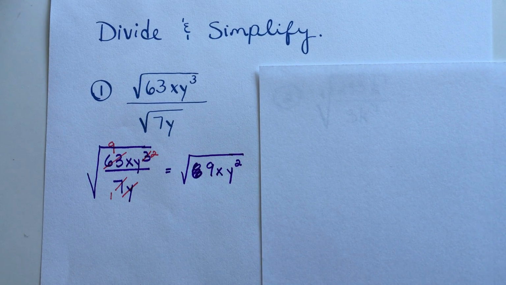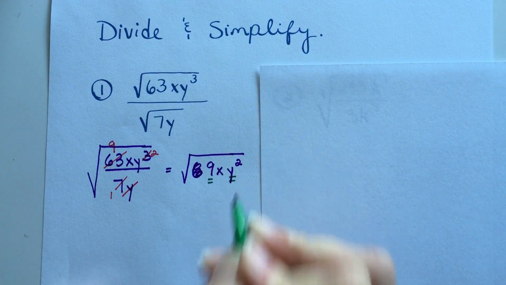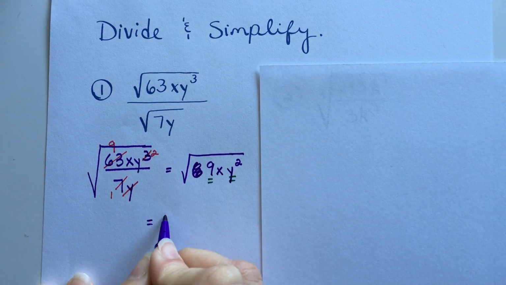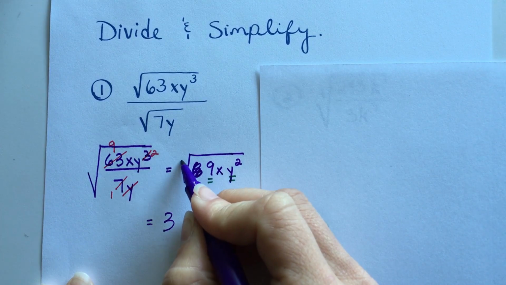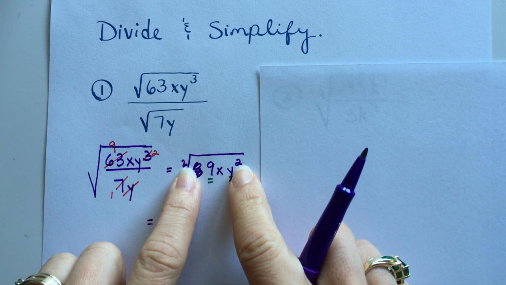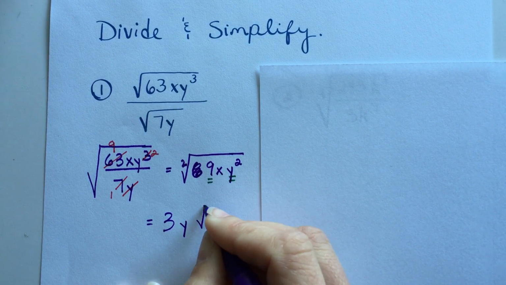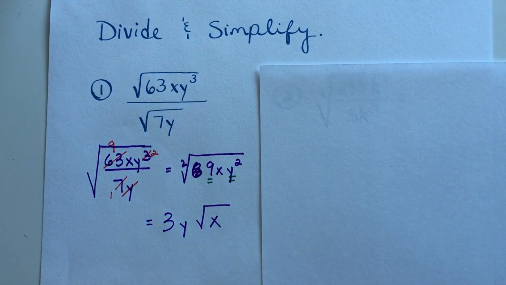So you're ready to actually take the square root. So you'll take the square root of the 9 and the y squared. So square root of 9 is going to give me 3. So 2 will go into 2 one time. So that means I'll have y to the first. And the only thing I'm left with underneath is just the x.